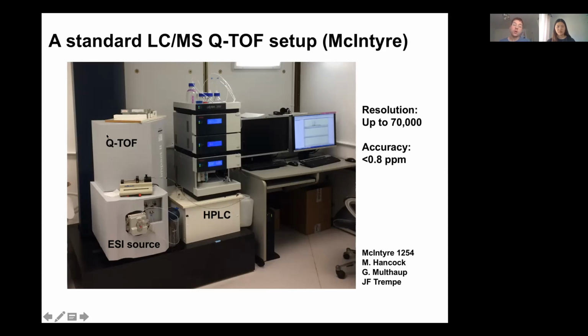And so Q means quadrupole mass analyzer, as I described before. So that's going to be somewhere in here. And then TOF is unique to this instrument, which is called time of flight. And if you look back here at this navy blue sort of very tall rectangular chamber, this is the time of flight chamber. And what happens here is the ions are coming in after being filtered by the mass analyzer.